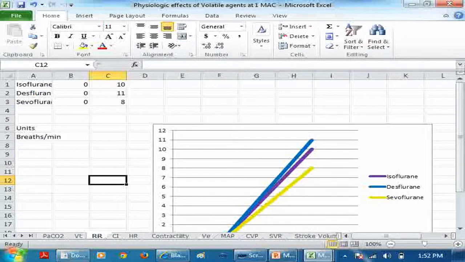I'm creating a situation. You're out of sedative medications and you have a head injury patient. You don't have a vent, and now they're ventilating on 1 Mac of isoflurane. What do you think the CO2 will do to the head injured patient?